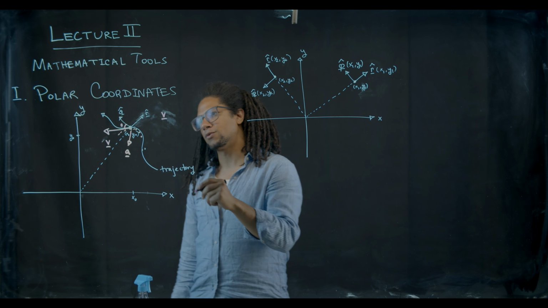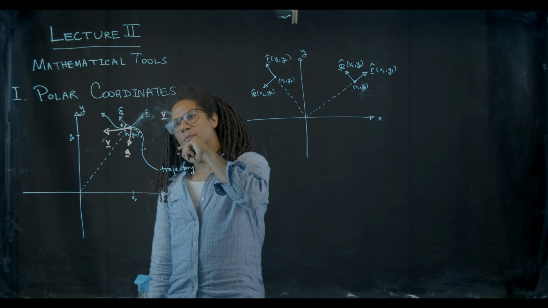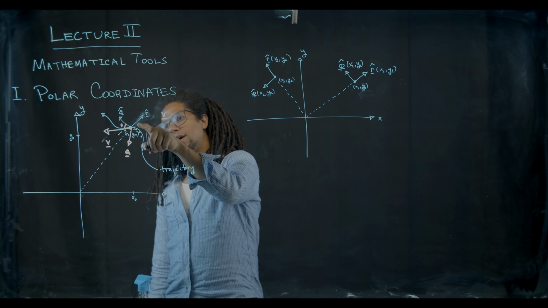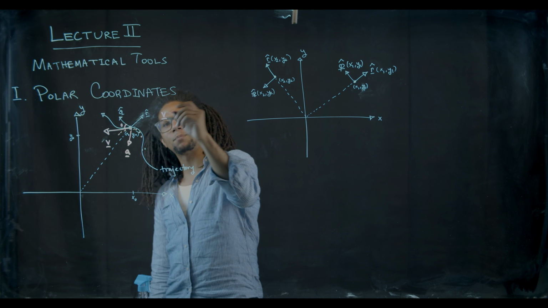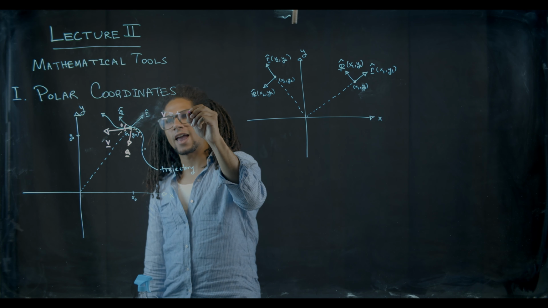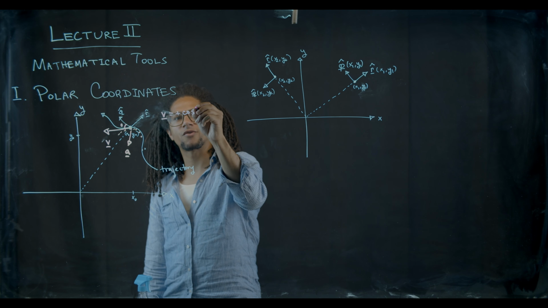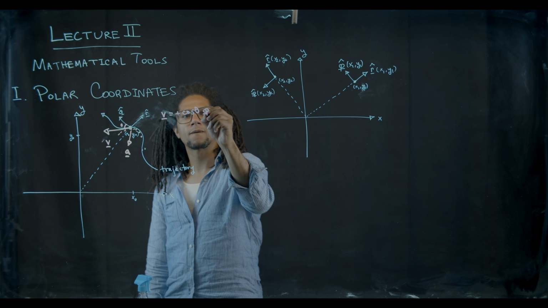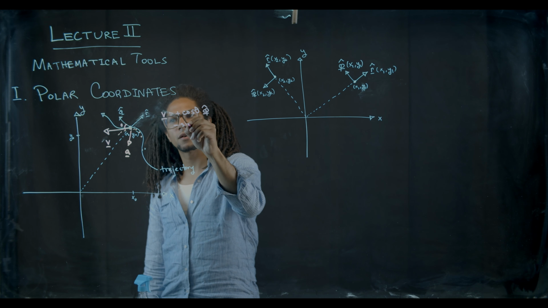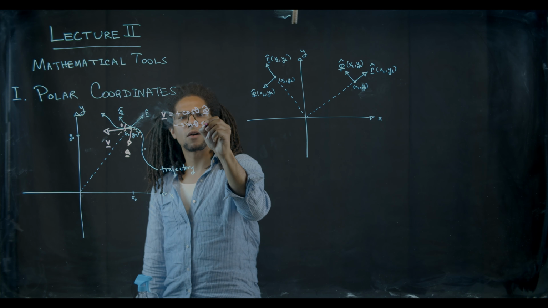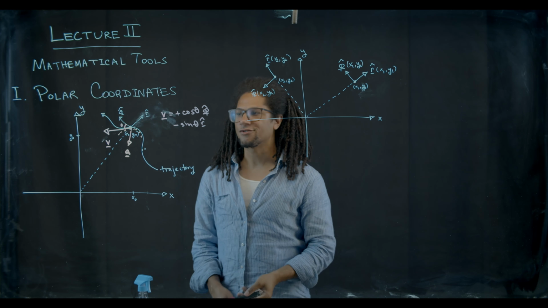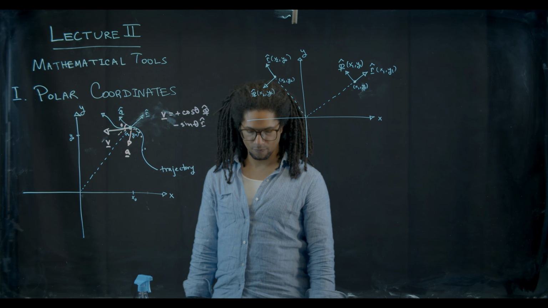V is going to be equal to plus the cosine of theta times phi hat, and then minus the sine of theta times r hat. And that would apply for that point in specific.